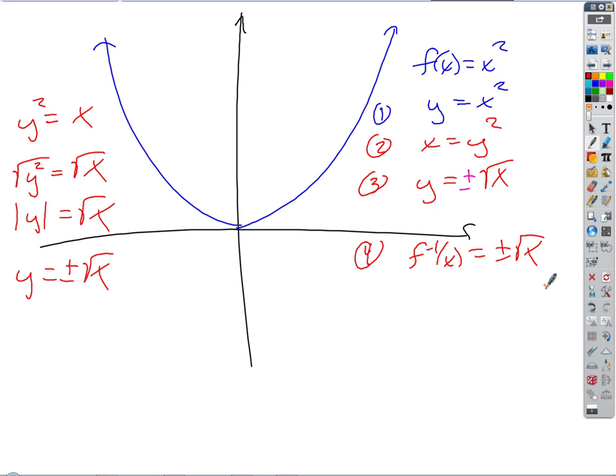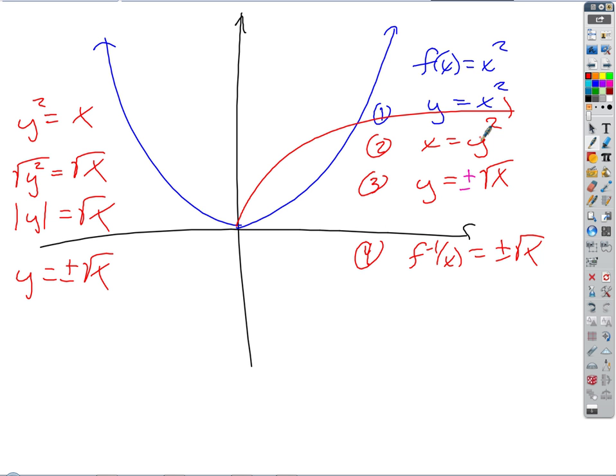Now, if I graph that, what's that look like? What does positive the square root of x look like? We'll talk about it more this year. Tell you what, it looks like this. What does minus the square root of x look like? Well, what happens if I multiply a function by -1?